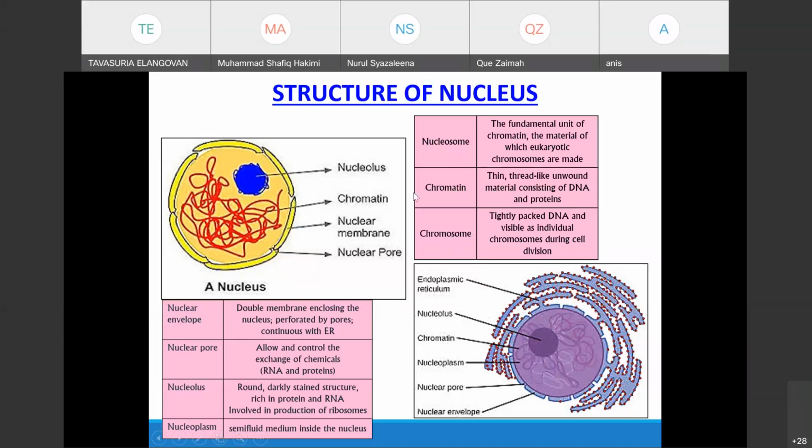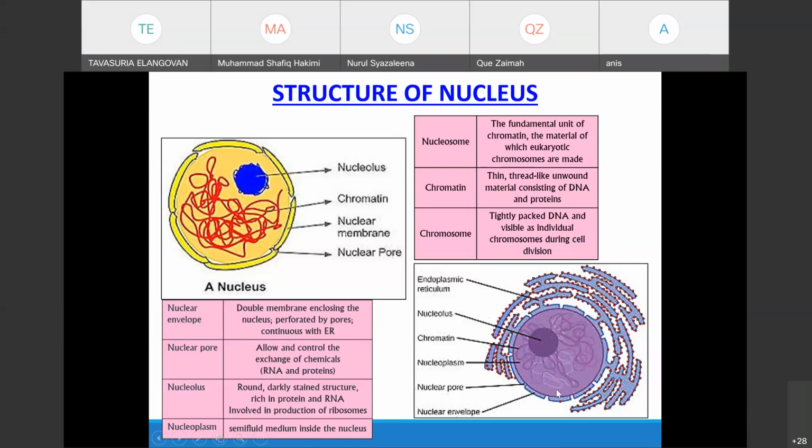So the chromatin consists of nucleosomes, and chromatin makes up the chromosome. Can you see clearly? The tree-like structure is chromatin. Okay. So when it becomes a chromosome, it has two sister chromatids attached together. So this is the nucleus and this is the nucleoplasm.